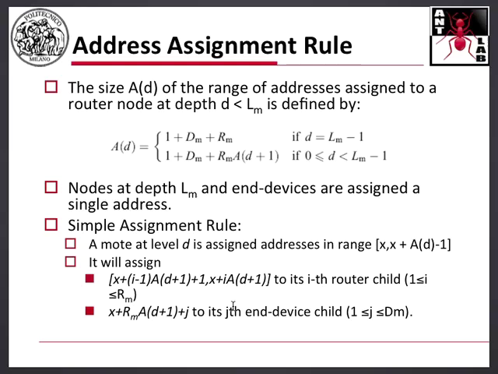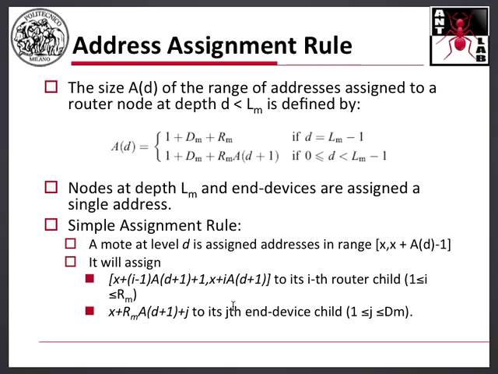And if you understood this first instance of the formula, understanding the second one is fairly easy because it's the same process, with the difference that a node at any layer of the tree which is not the second last one needs an address for itself again. It needs an address for all the end devices which are directly connected to itself. But it also needs an address for any node in the sub-branch of the tree which is managed by the device itself.